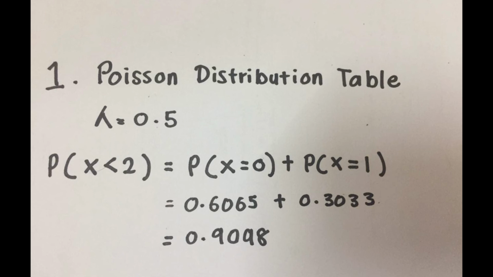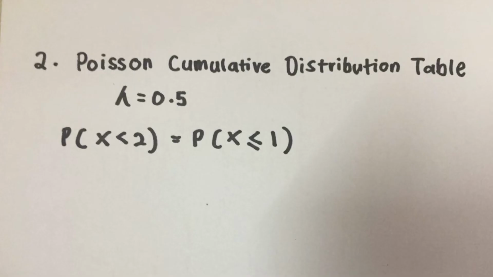So we write down the values and add them and we get the answer of 0.9098.